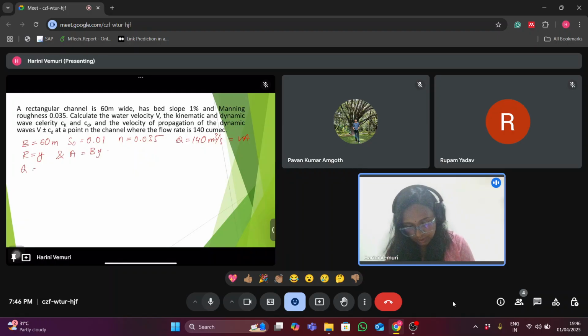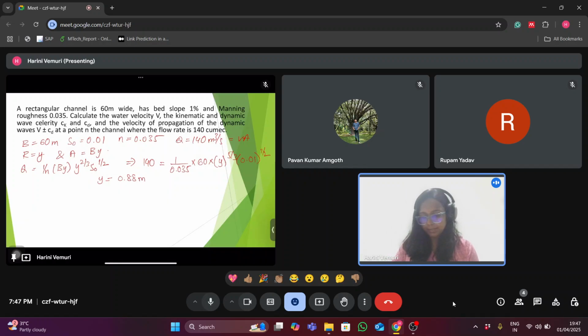Once you substitute in the Manning's equation, the equation will be something like this. If you put the values in, it's 1.16 into y power 5 by 3 into S power 1 by 2. So y is equal to 0.88. The water depth is 0.88 meters.